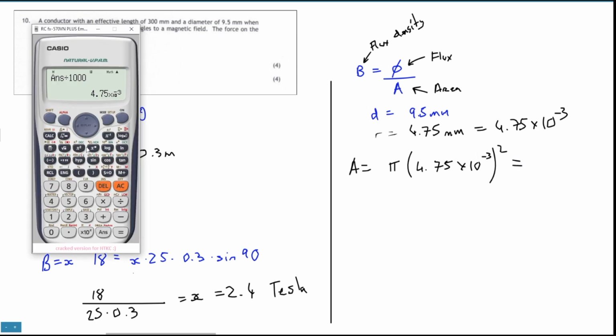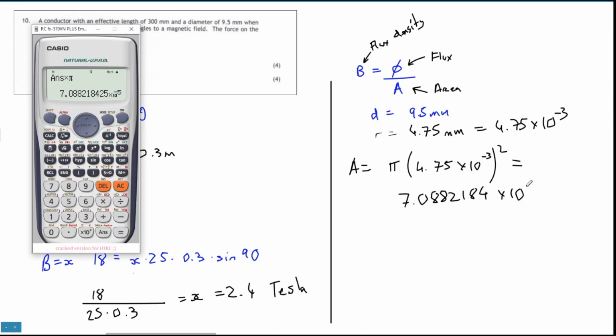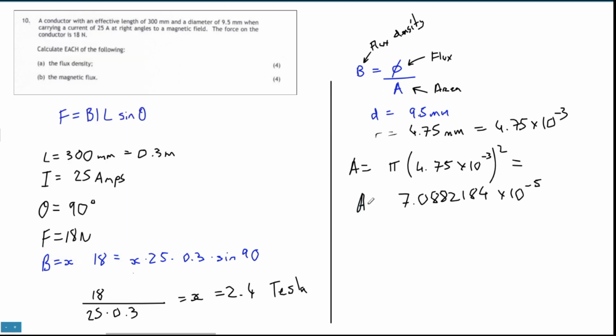I'll just take my answer, I'll square it, and then I'll times it by pi. I'll get my area as 7.088 2184 times 10 to the negative 5. That'll do. Let's just double check those numbers, make sure it's okay. 2184. Yeah, it's fine. Okay, this is my area.